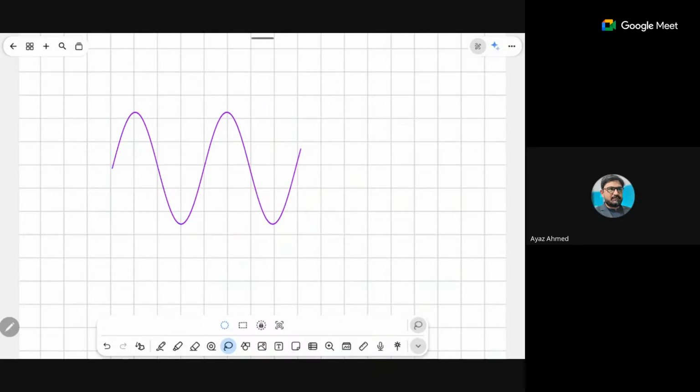This is an oscillator's motion. Basically, this is the motion of an oscillator, which is represented with respect to time and position.